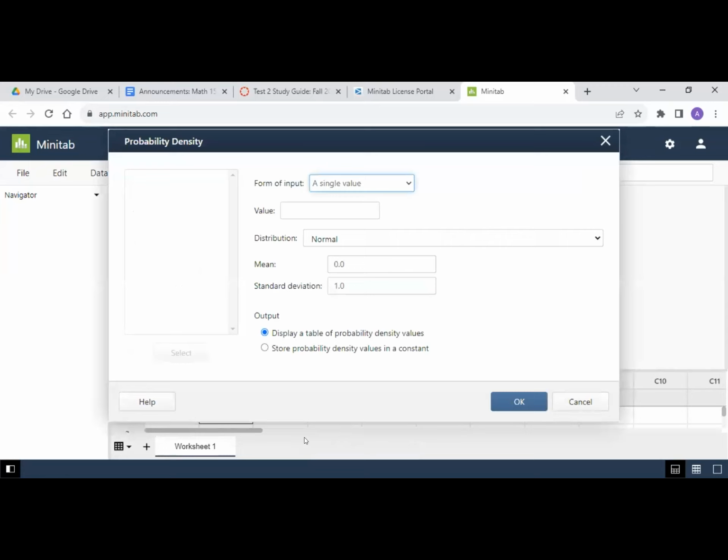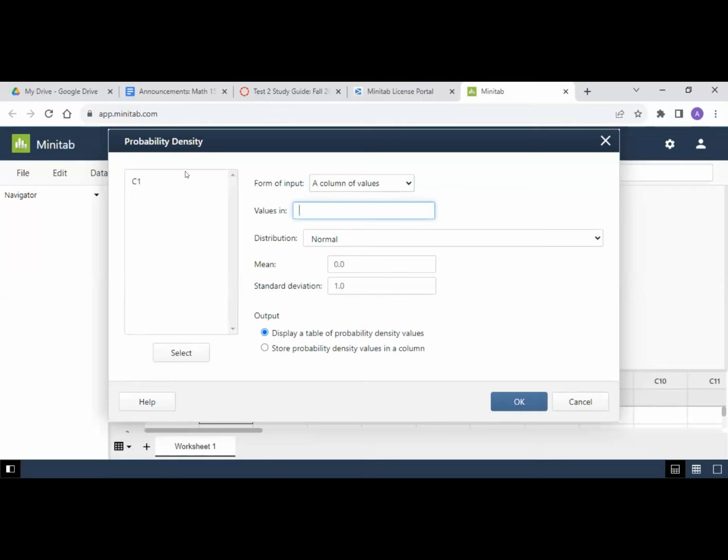All right, Minitab needs a couple of things in order to find this, okay? Starting with form of input, instead of a single value, it's asking things like, what's the probability that X is 5 and what's the probability that X is 0? We actually want to type in the column of values because we want to calculate it for all the X values instead of just one. In the values in row, Minitab is asking what column we're inputting.